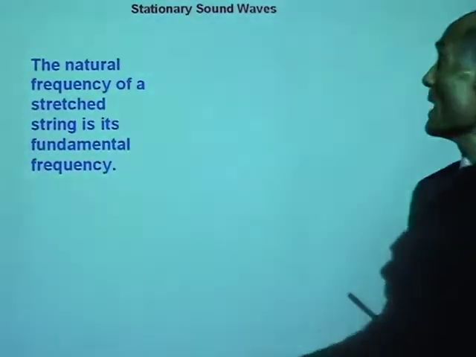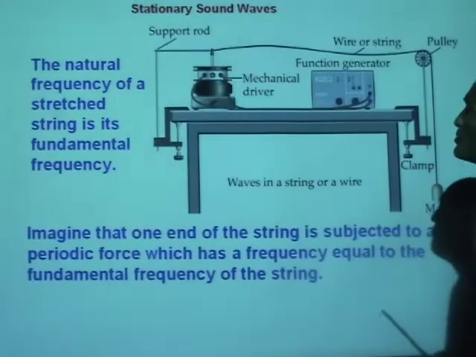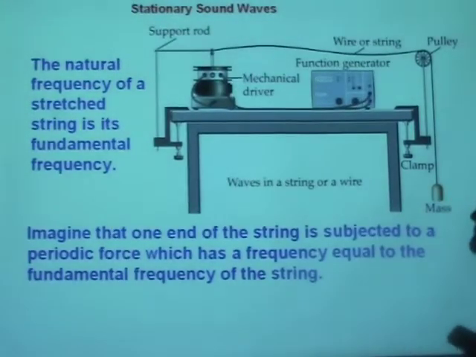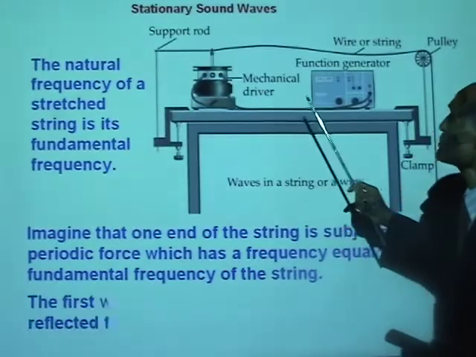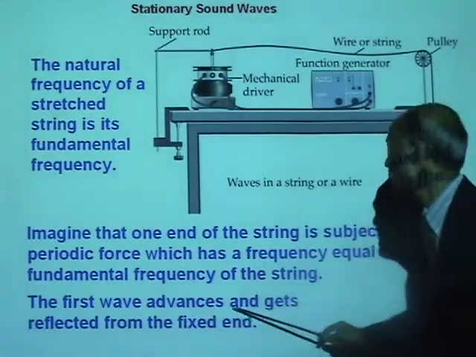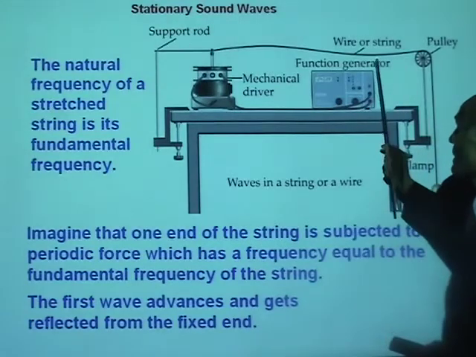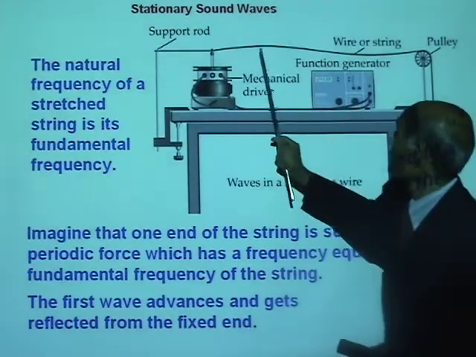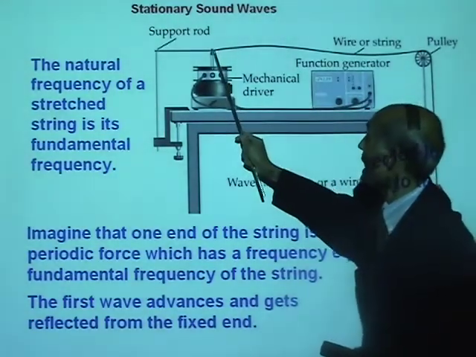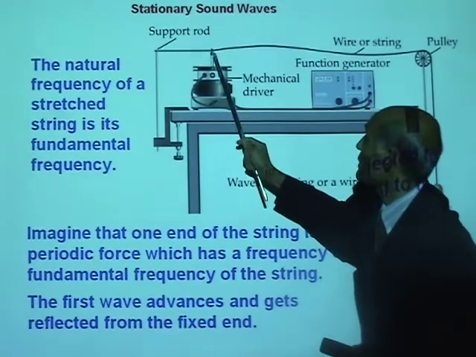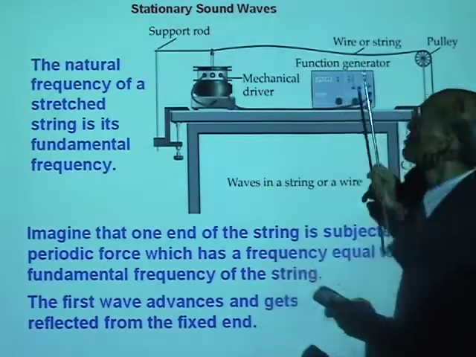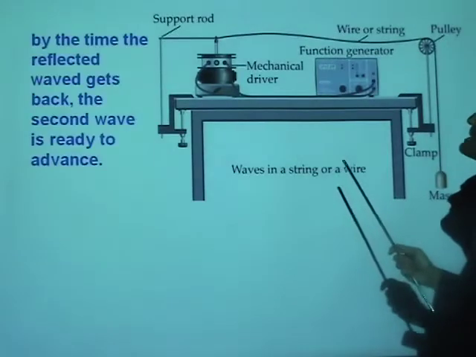Alright, let's continue now. This is what I was talking to you about: the resonance occurs when the first wave advances and gets reflected from the pulley, and by the time the reflected wave gets back, the new wave is generated and the two will superimpose, creating the resonance.